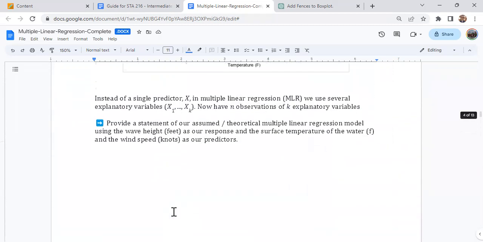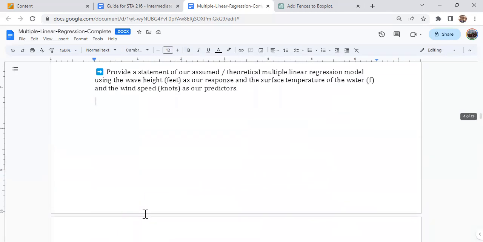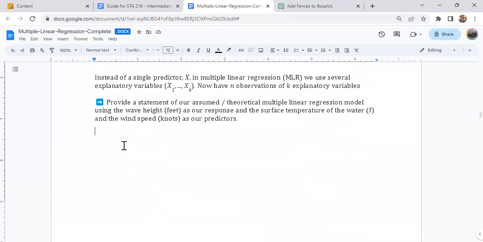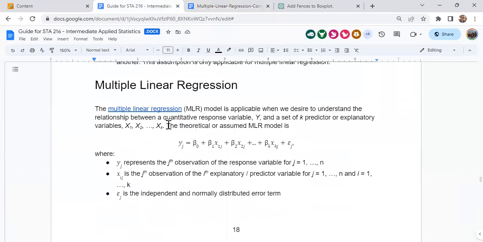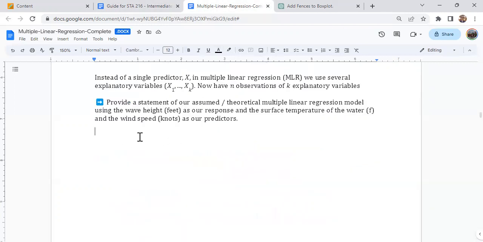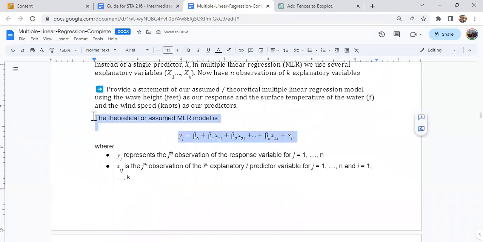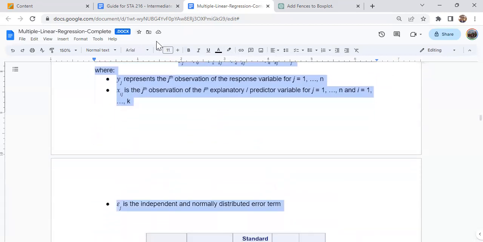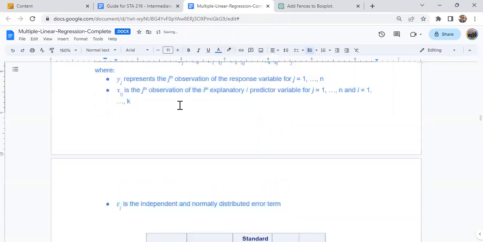But yeah, let's give the assumed model, since we sort of got ahead of ourselves. I did that one first. So we can copy this from the guide document again. And we'll do this. It's a similar process to how we updated it for the estimated equation here.